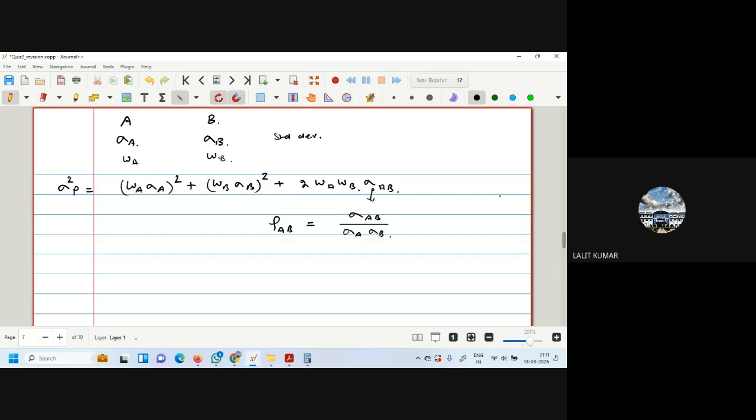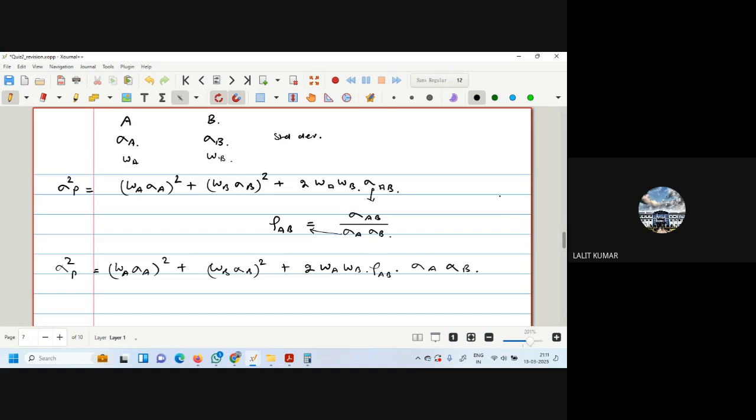So the same formula can be written as WA square sigma A square plus WB square sigma B square plus 2 into WA WB, and you can take this correlation between AB into sigma A into sigma B.